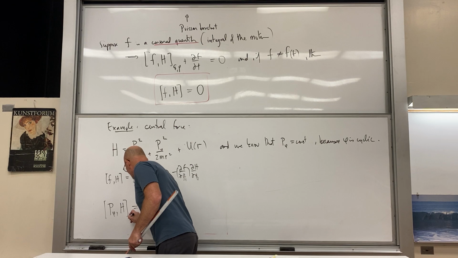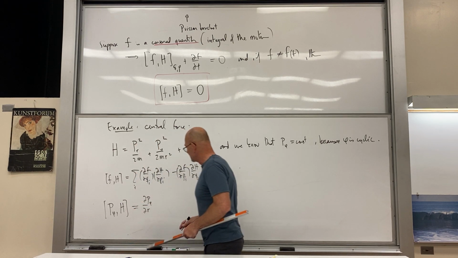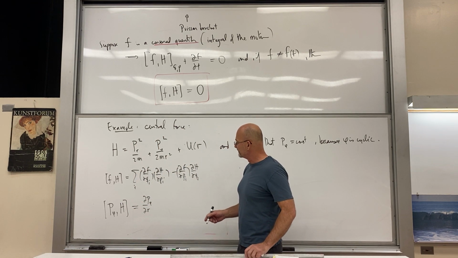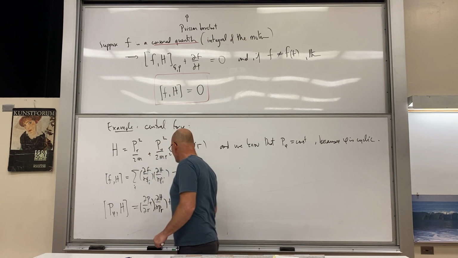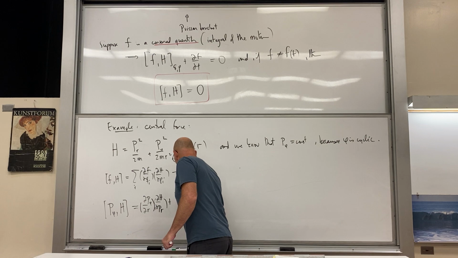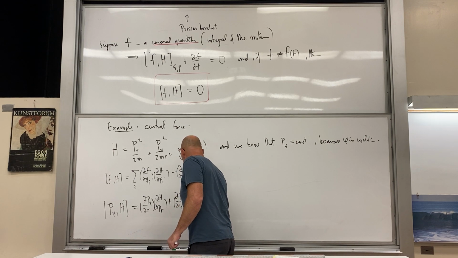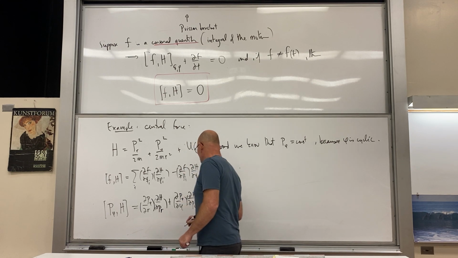So actually I could write, we'll do that: dp_phi/dr times dH/dp_r. And then we have a second one, dp_phi/dphi times dH/dp_phi.